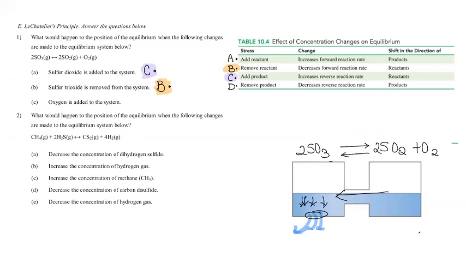Oxygen is added to the system. Excellent, we're adding product. So this again is letter C. Let me just choose colors for A and D.